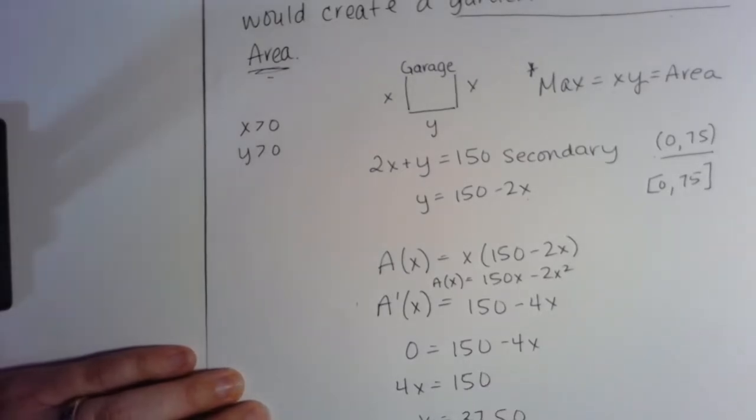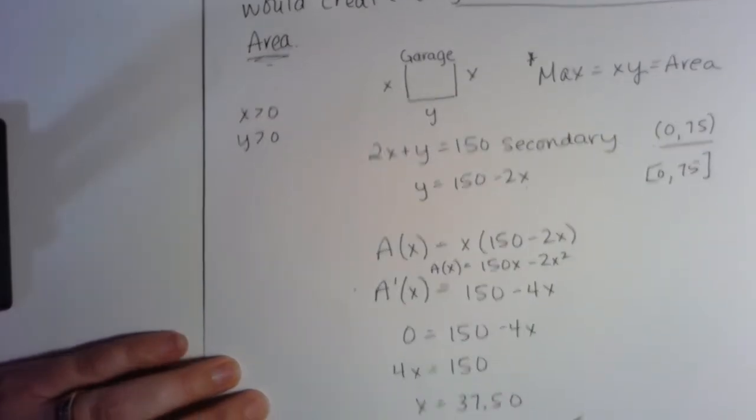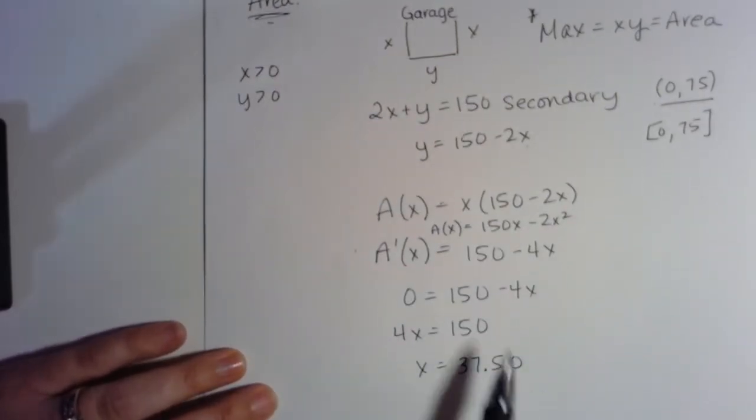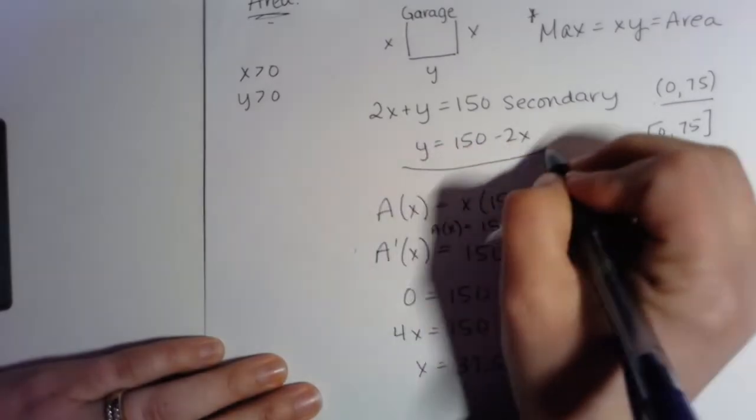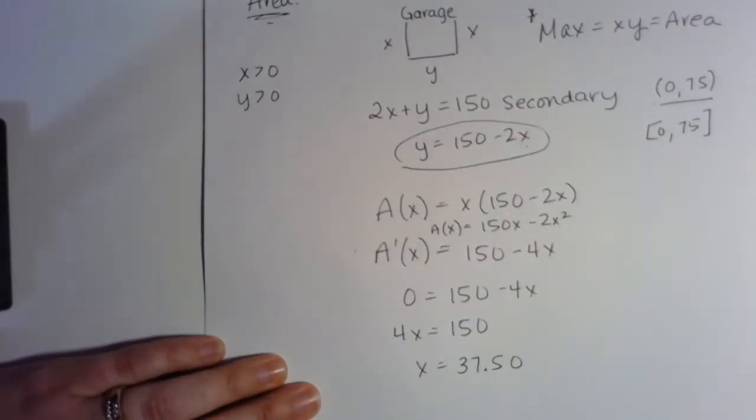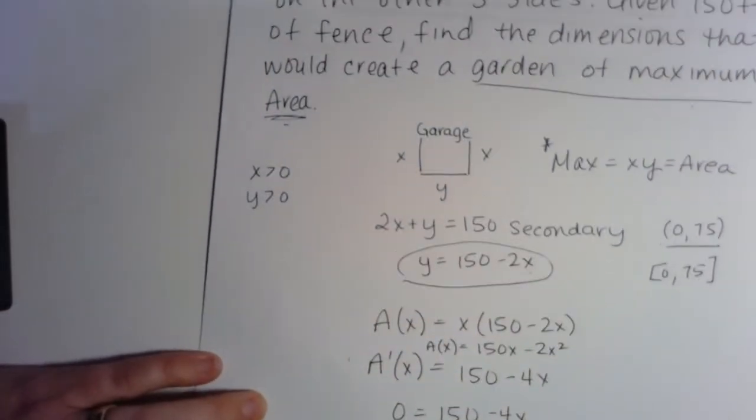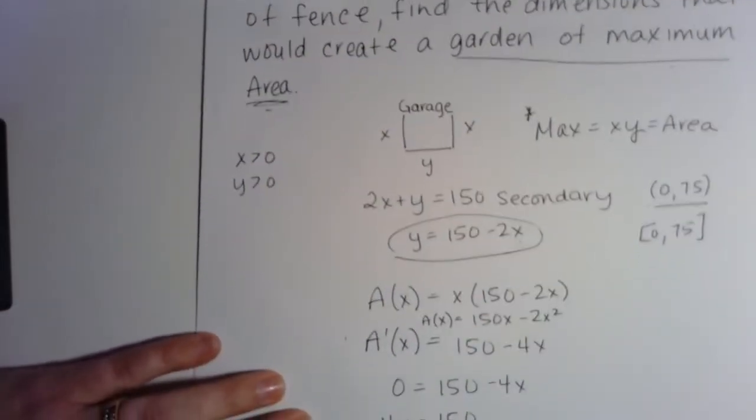Okay, so essentially that is going to be the side. So that's the one side. So basically I'm going to have two sides that are 37.5, and then to figure out what y is, I will put that in. So then I come back to here because I want the full dimension. So I know that one side is 37.5, and then we were in meters, I think. No, we were in feet, okay.